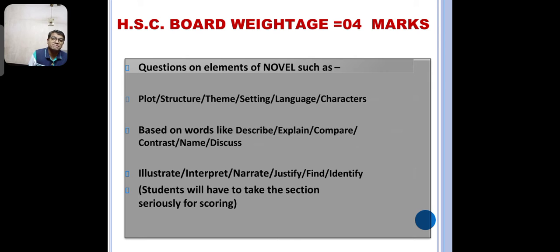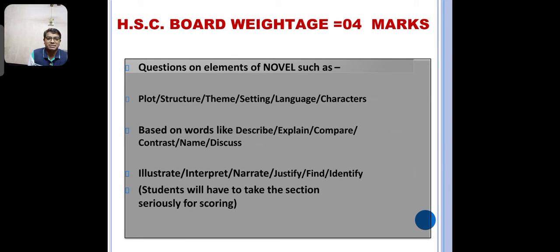These activities are designed on the basis of your memory, so we have to study them in a very serious and thorough manner.